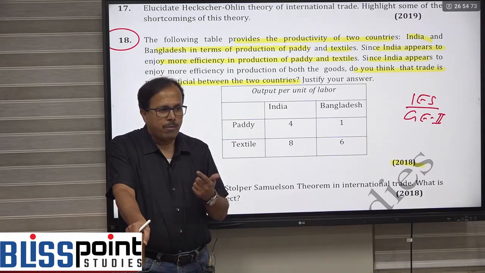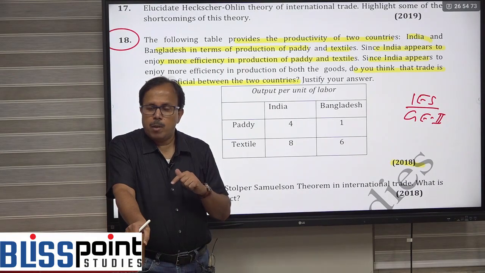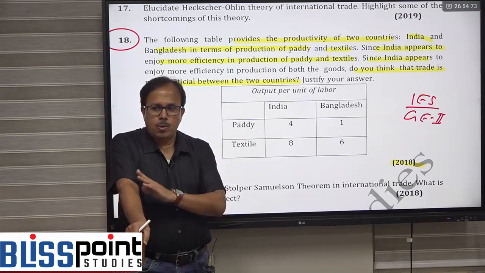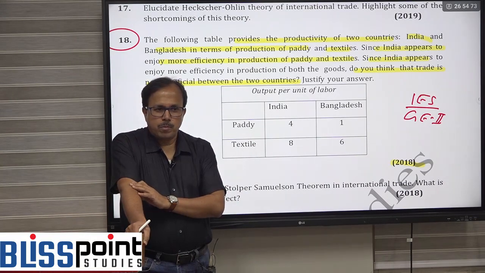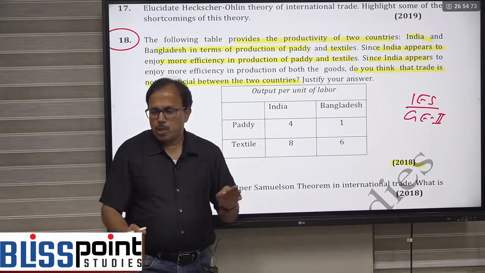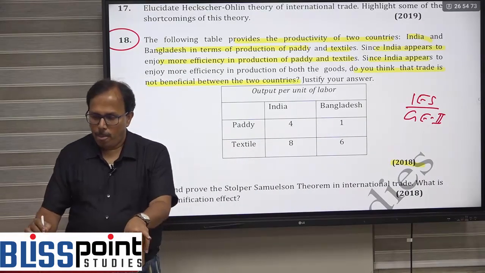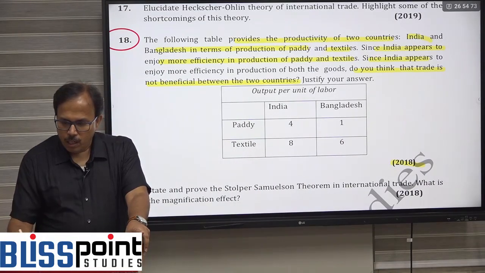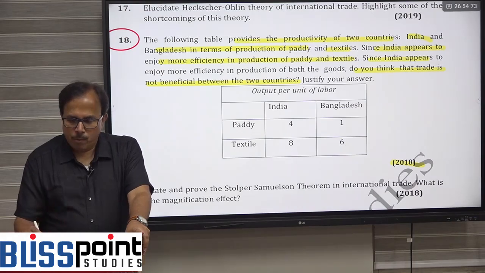So for comparative cost we need to find what? Opportunity cost. So what will be opportunity cost now in this condition? Easy, see. In those types of questions, just draw the production possibility frontier.